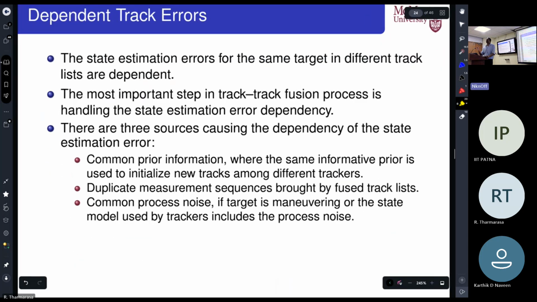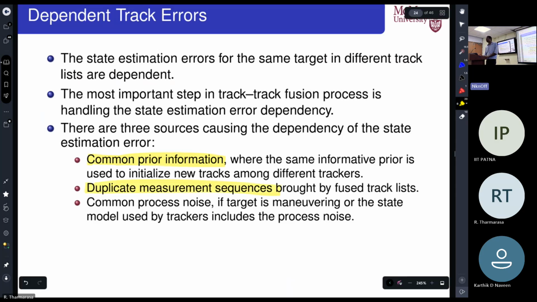So this one says when the tracks are dependent, correlated. I already explained one case. Common prior information: if two tracks use the same common information, that also introduces correlation, but we can ignore that, though it can happen.